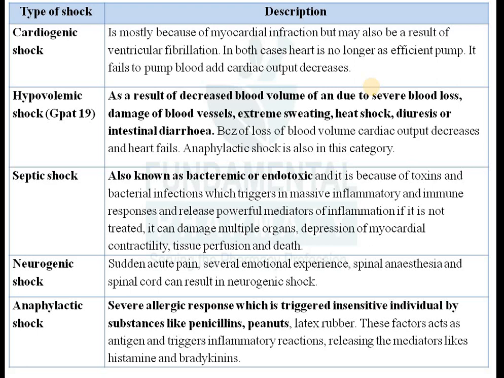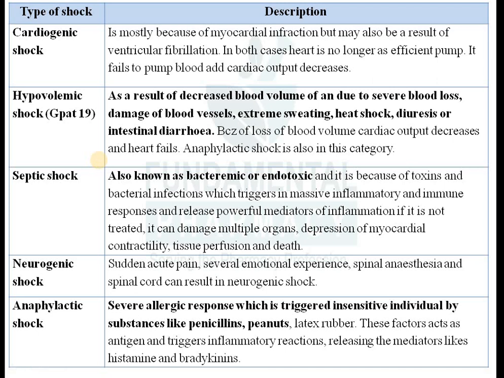Now the next one is hypovolemic shock. Hypo means less, volemic means volume. Less volume of what? Blood. Less volume of blood, as a result of a decrease in the blood volume due to various reasons. What are the possible reasons for the decrease in the blood volume?